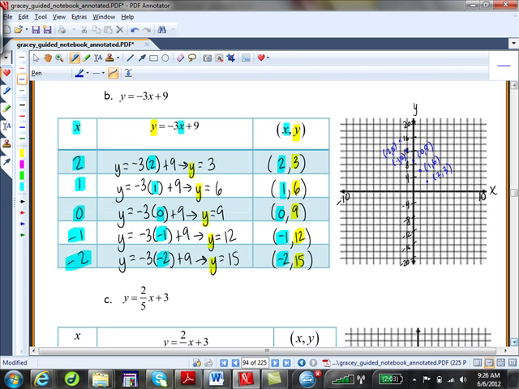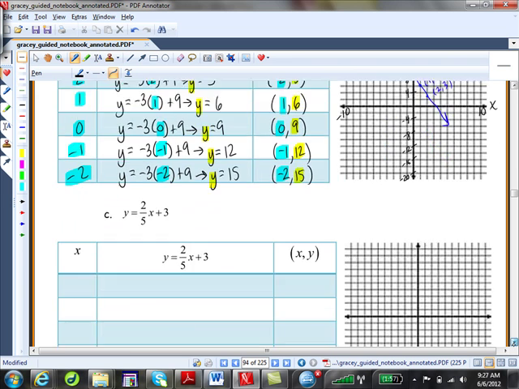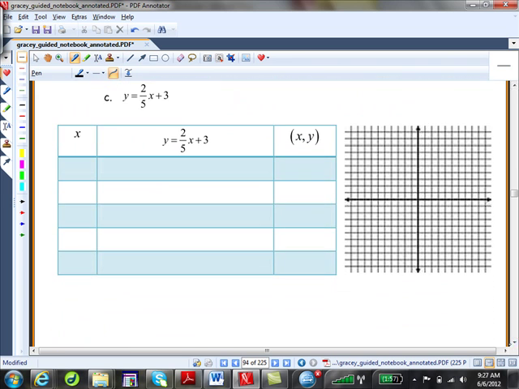And then we just make the line that'll go through them. And there we go. How'd you do? So here we go. Let's see how you did.